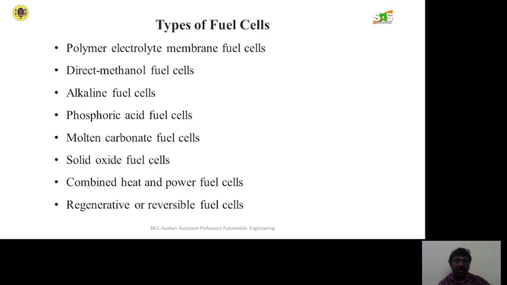These are the various types of fuel cells in electric vehicles.